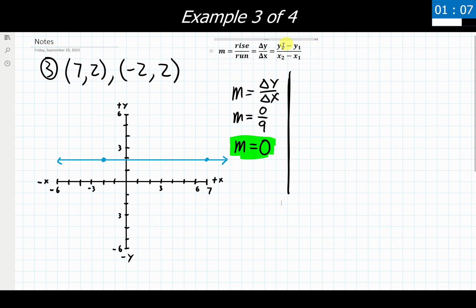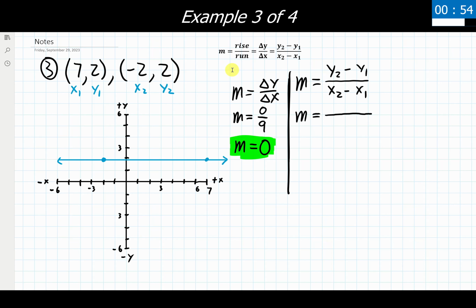I'll label these 2 points, plug it into this equation, and solve it right here. We can see here, following this same process that we've done with our previous examples, we are getting a slope of 0 for both of them.